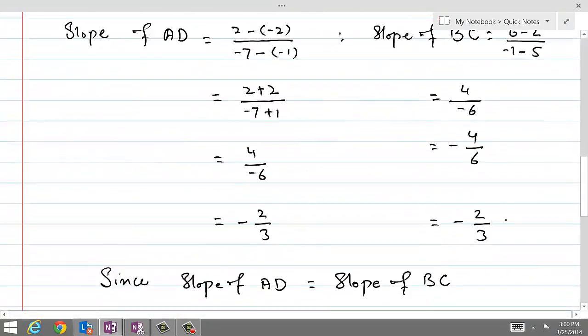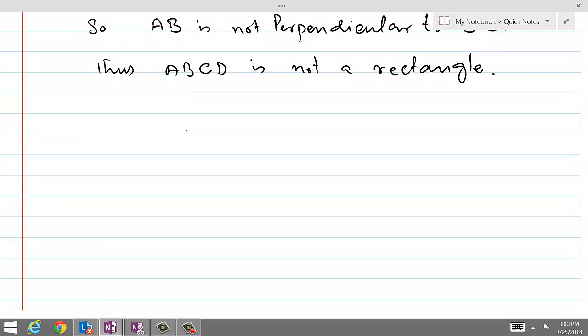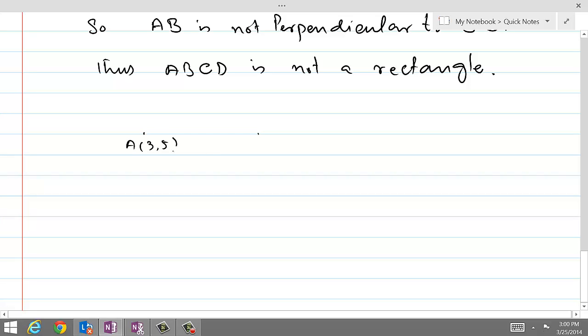So let's do that. Here we have AB. This is point A, which has coordinates 3, 5, and there is another point B which has coordinates 7, 10.